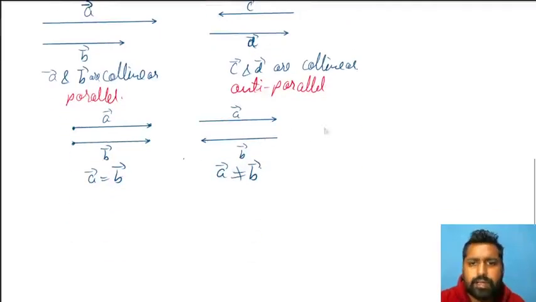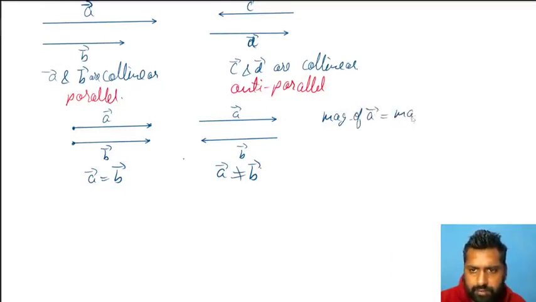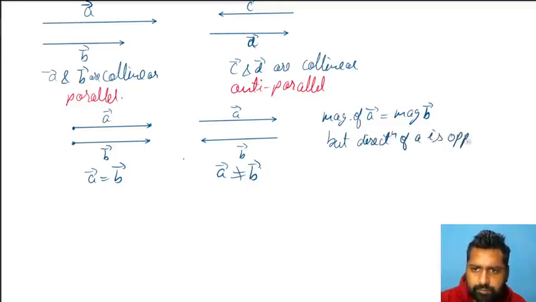Clearly you can see the magnitude of A is equal to the magnitude of B, but the direction of A vector is opposite to that of B vector.